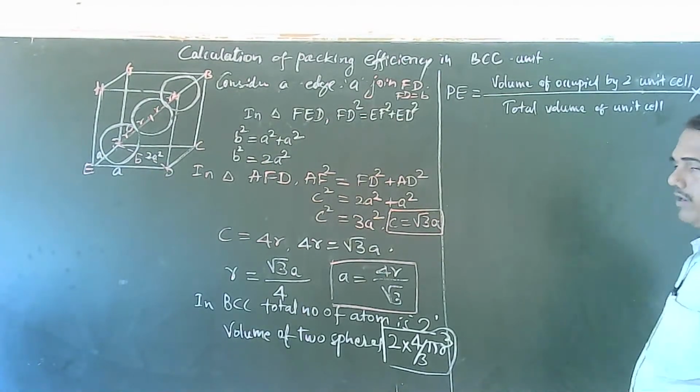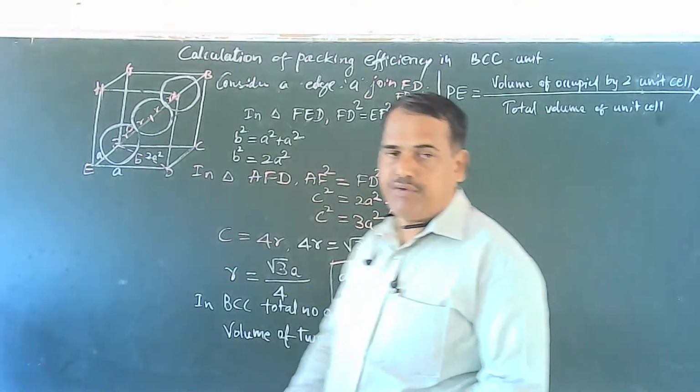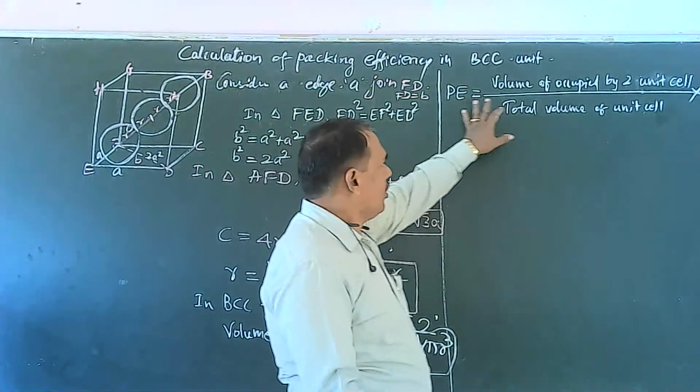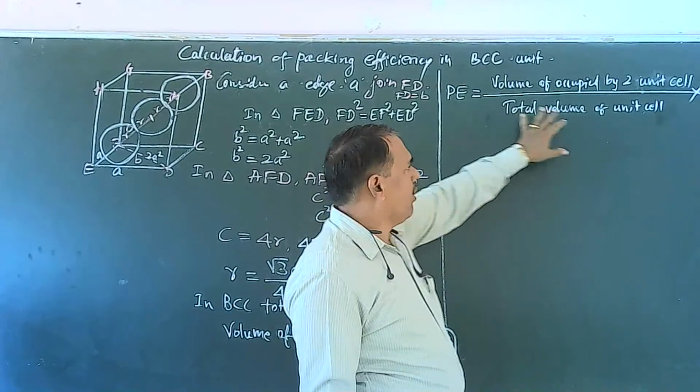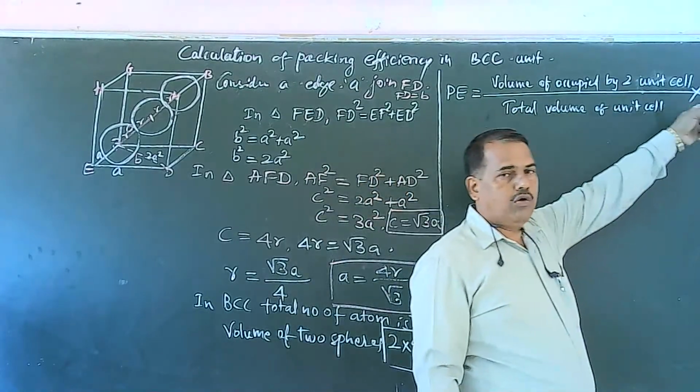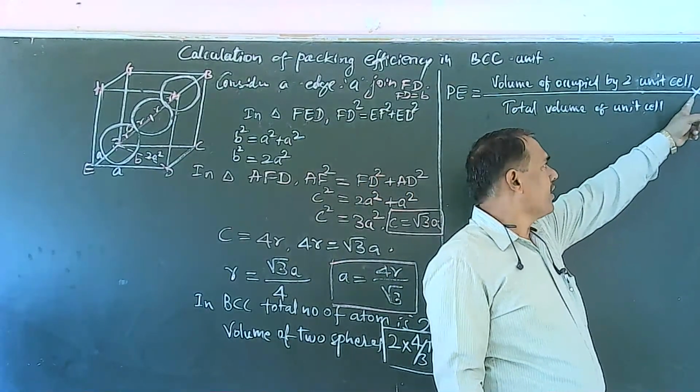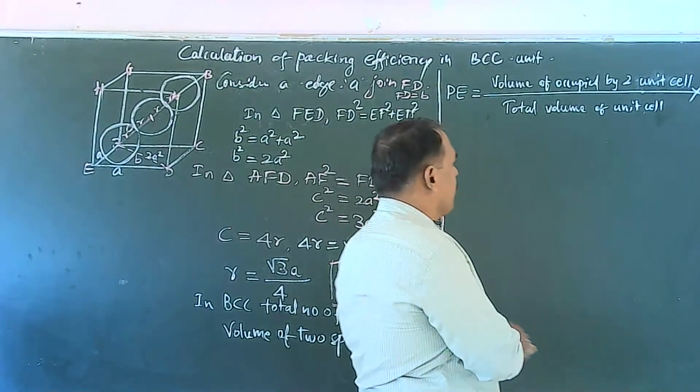Don't forget to write into 100. Are you clear? Packing efficiency is equal to volume occupied by spheres in the unit cell and total volume of unit cell into 100.